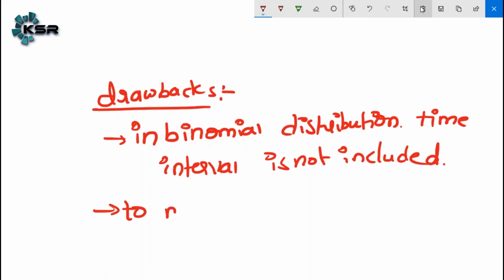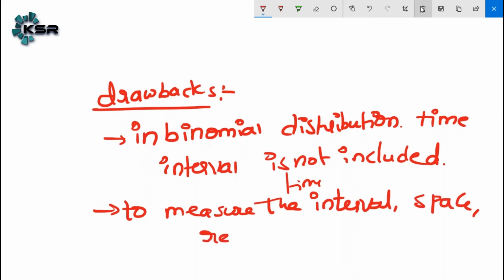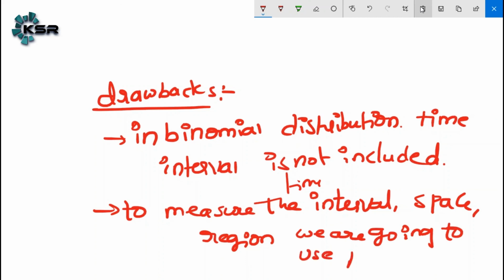To measure the time interval, or space or region, we are going to use the Poisson distribution.